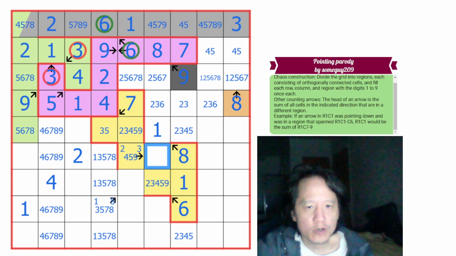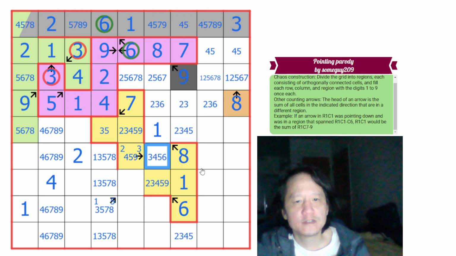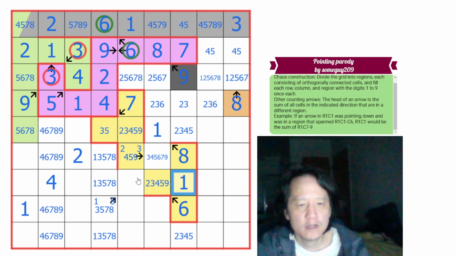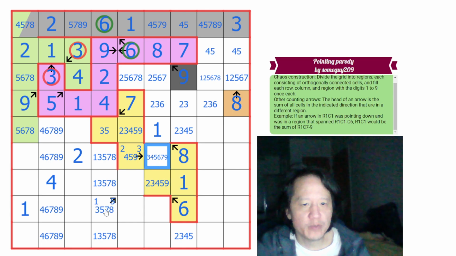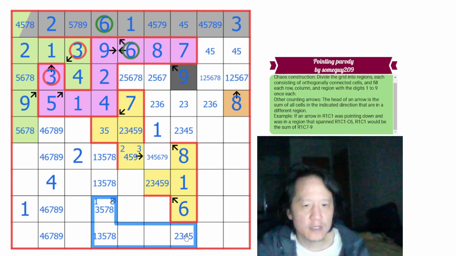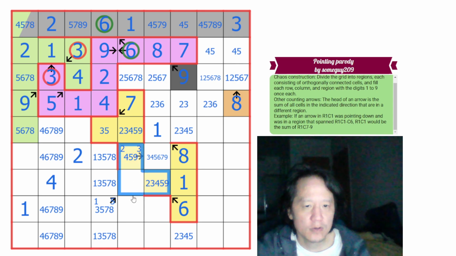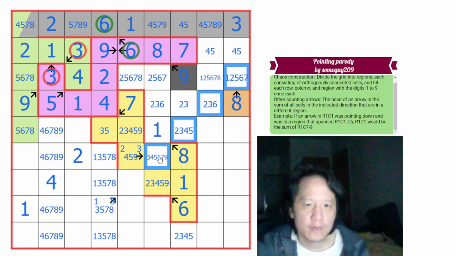This cannot be 1 or 2, so this is 3, 4, 5, 6, 7, or 9. This can never be the same as this one, right? Because it can't reach around, and either it's yellow or it's blocked by yellow. So this is the minimum, which means it's 1, 2, 2, and 3.